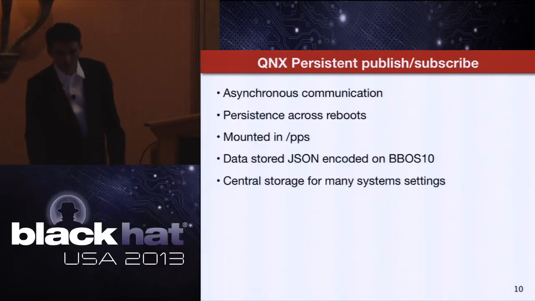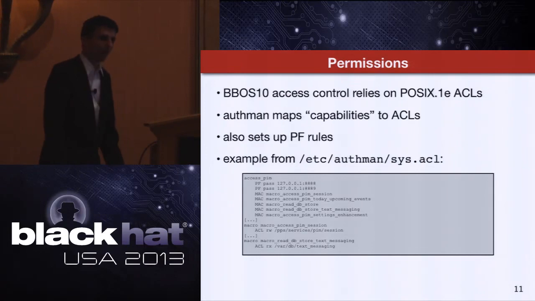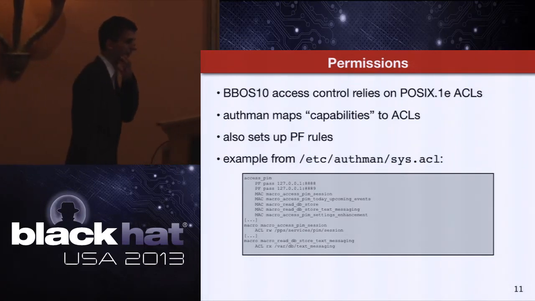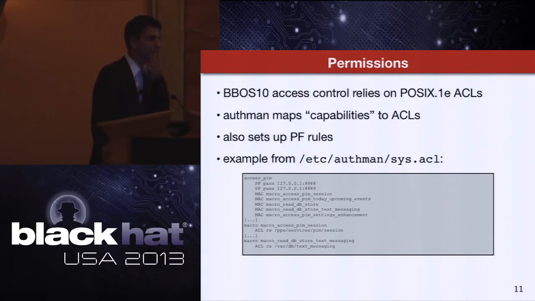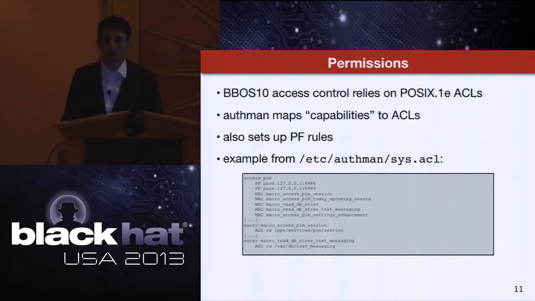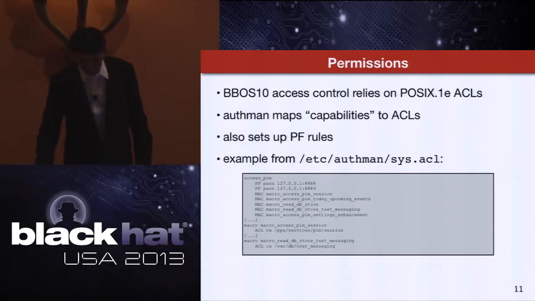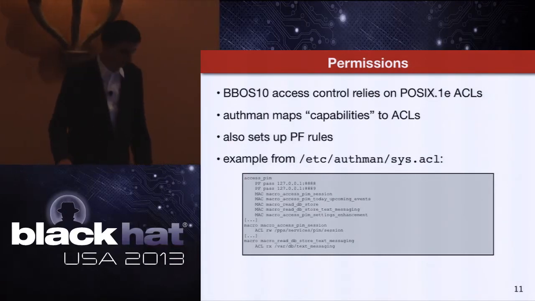Now, the really interesting thing is how they have solved the challenge of granting fine-grained permissions. Every smartphone operating system does this differently. Some don't do it really at all.